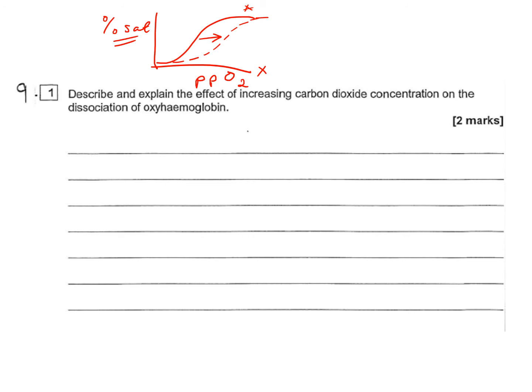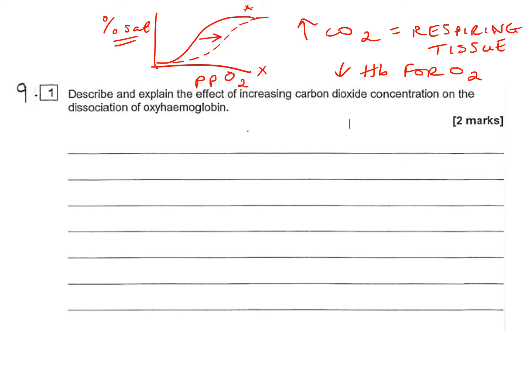And so the percentage hemoglobin saturated with oxygen is going to be lower because a lot of the oxygen has been dissociated and released, where it's then going to be used in aerobic respiration of the respiring tissue. So obviously we know that there's going to be a higher CO2 at respiring tissue, and that lowers the affinity of hemoglobin for oxygen.